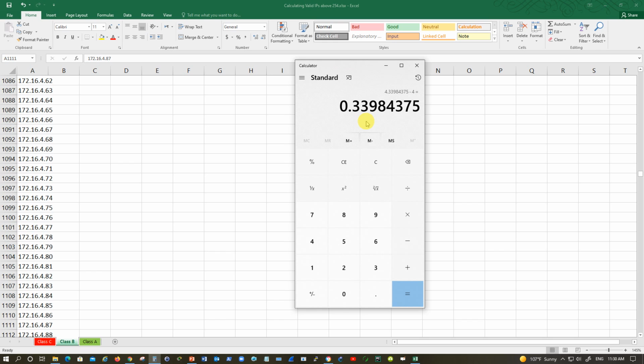Okay, still you are not done. This value should now be multiplied by 256 to get 87. See, 4.87 corresponds to the 1111th address.